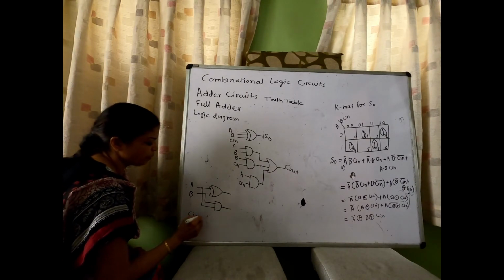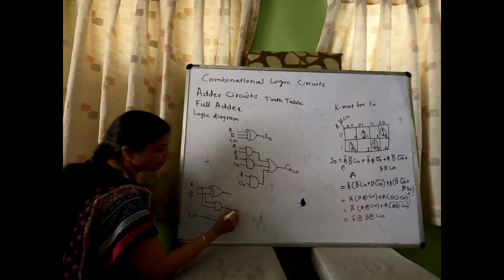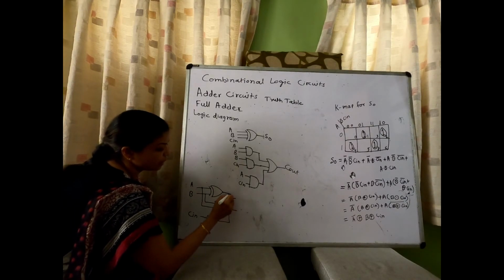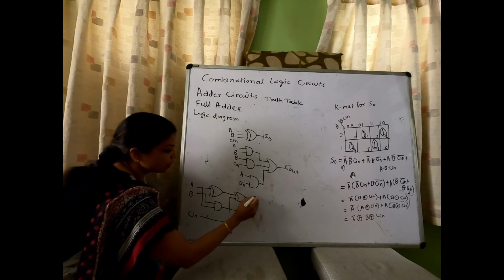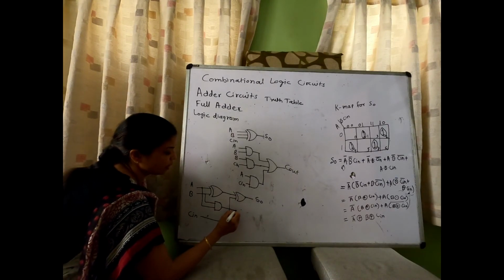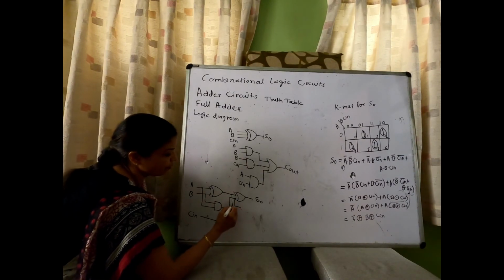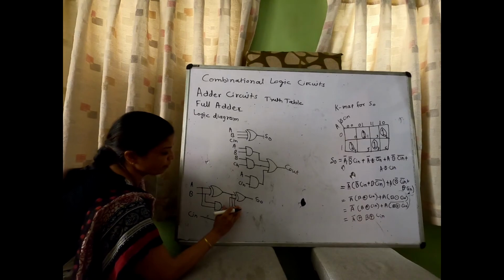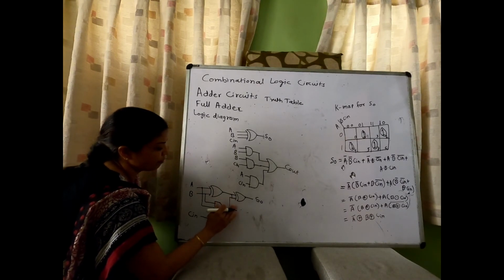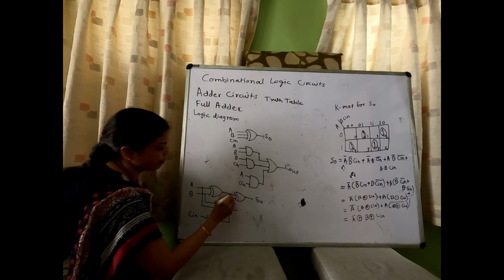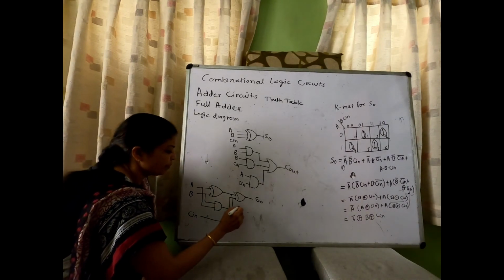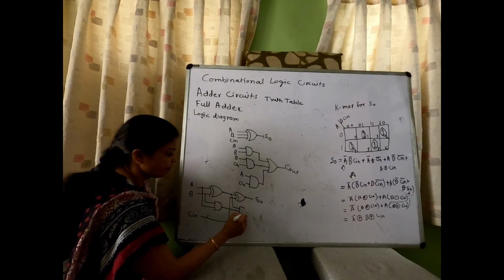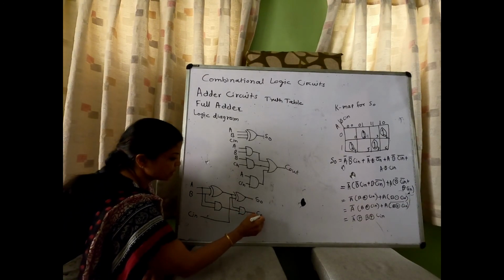Then the third input gets added, and this XOR operation is given with the S0 and these two. With this, and this is the output.